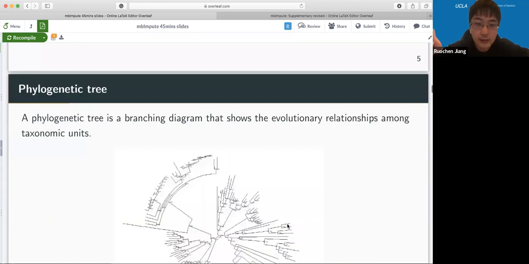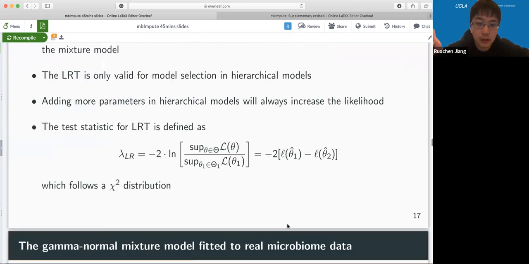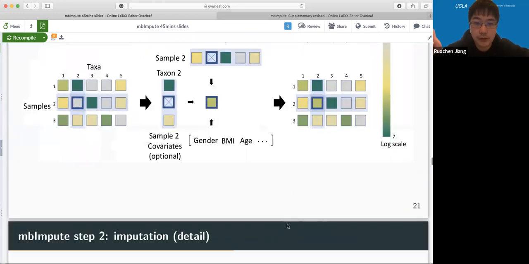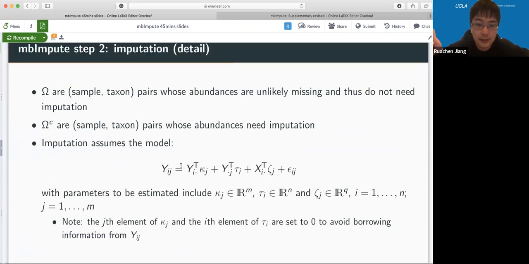Yeah, okay. So here you can see in my formulation, it's basically a linear model. For the value of each entry, I assume a linear model, so it learns from different taxa and from different samples.